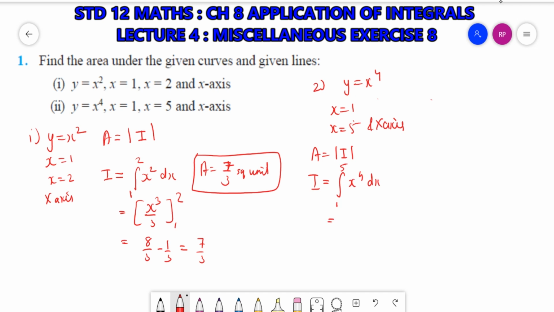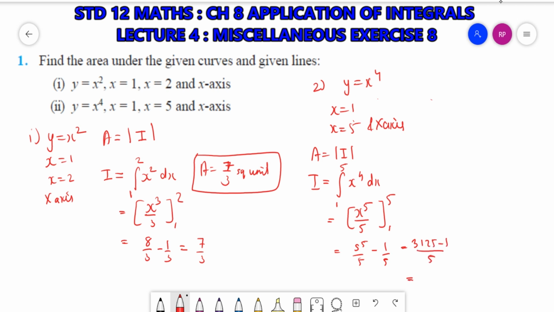Integration of x raised to 4 will be equal to x raised to 5 by 5, from 1 to 5. So it will be 5 raised to 5 by 5 minus 1 by 5. I can take 1 by 5 common, or else 5 raised to 5, that is 3125 minus 1, upon 5.